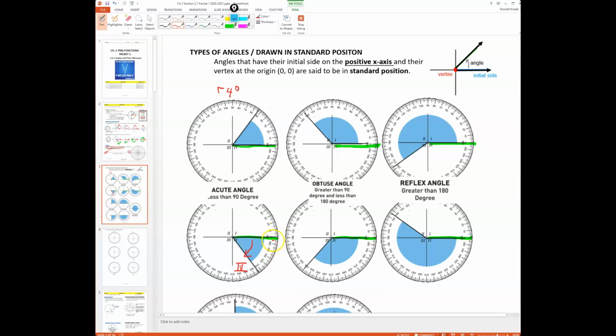Okay, or we could simply just count. We got 360. Okay, then 350. So we got 10, 20, 30, 40, 50, and then again 4 degrees. So that is negative 54 degrees.